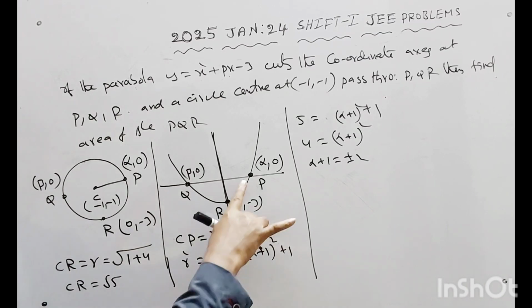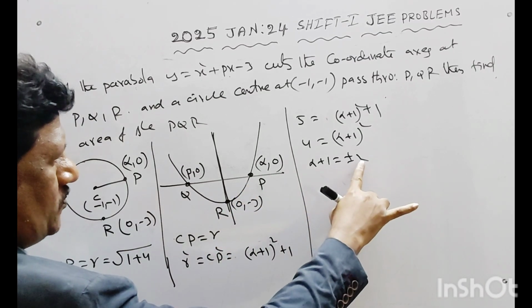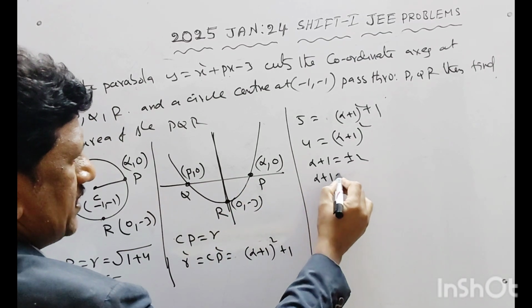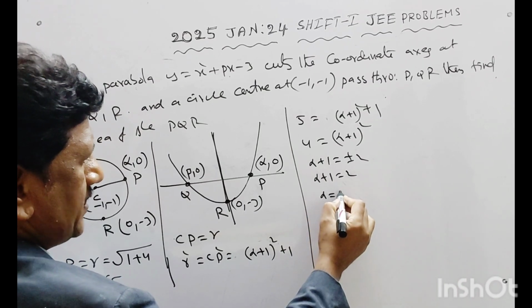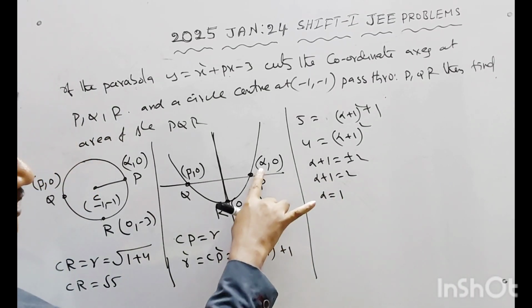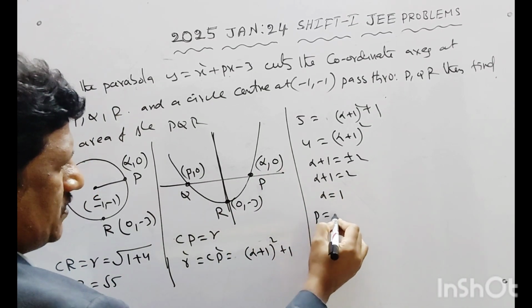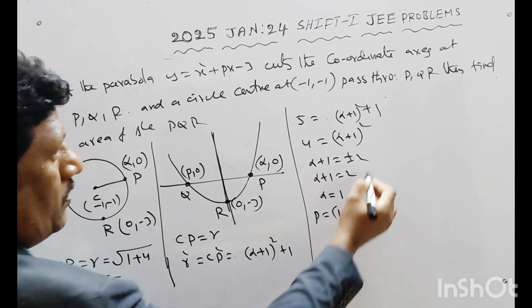Alpha is positive, so take the positive value: alpha plus 1 is equal to 2, so alpha is equal to 1. So the P point is 1 comma 0.